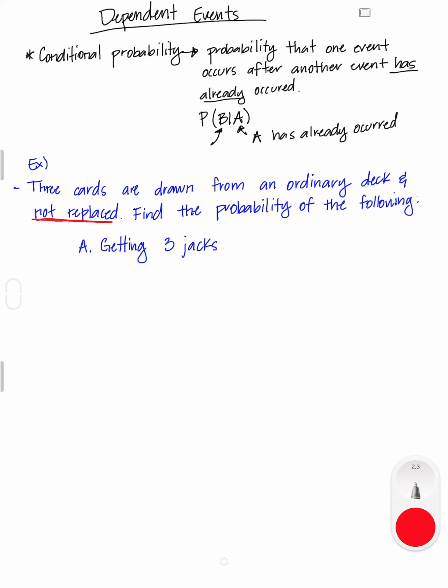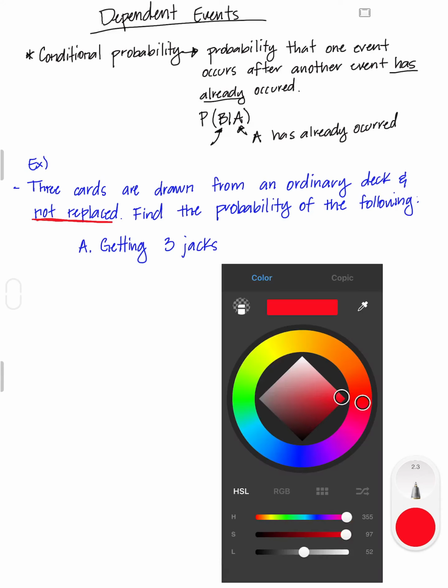If you remember from independent, we said that if it says with replacement or replaced, then it is independent, right? Because you're putting back whatever you took at first. Here, we're not putting back the cards, so the number of cards in the deck is going to change as you're taking them out, right? So that's how we know that this is a dependent event probability situation.